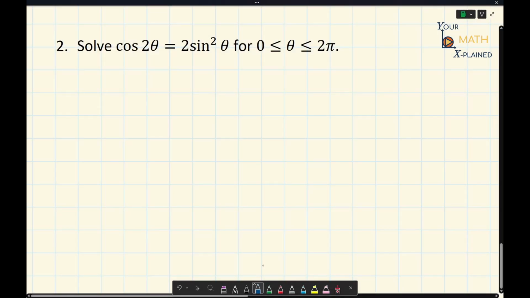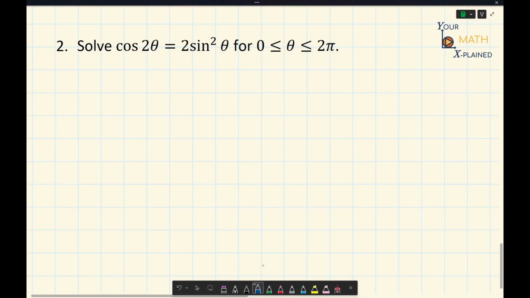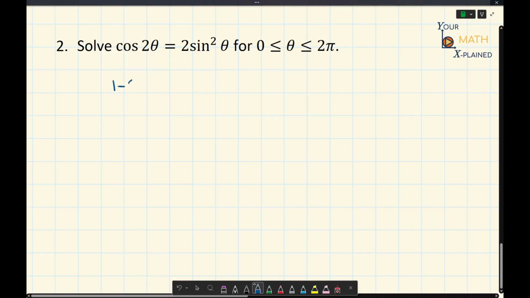For our second example, we want to solve this trig equation here. So notice how we have both cosine and sine squared. Without knowing the double angle identity, we wouldn't be able to solve this. But now that we have the double angle identities at our disposal, we can convert this cos 2 theta into 1 minus 2 sine squared theta.